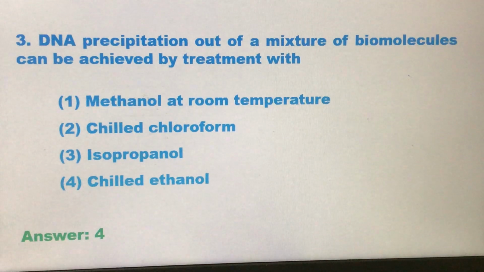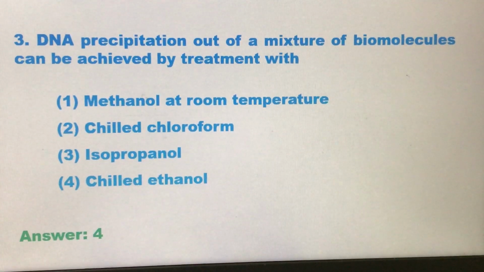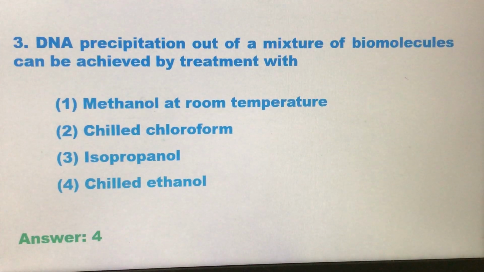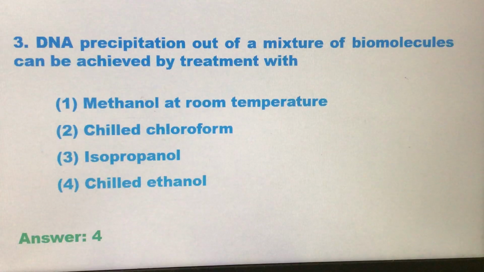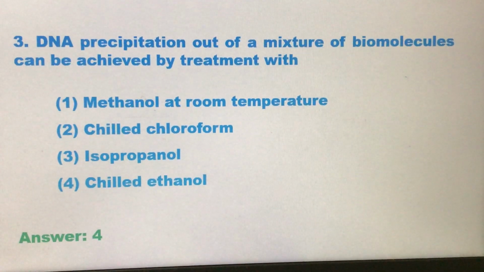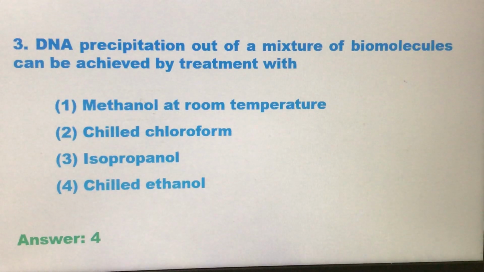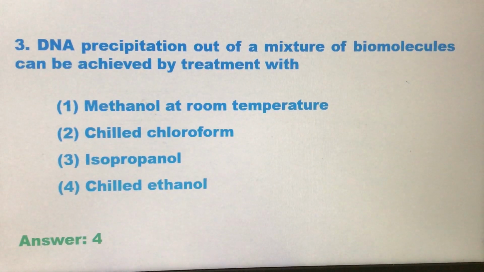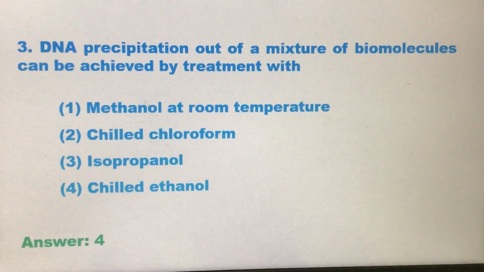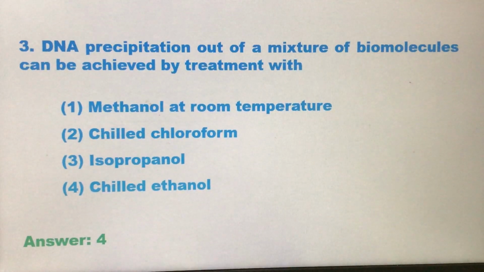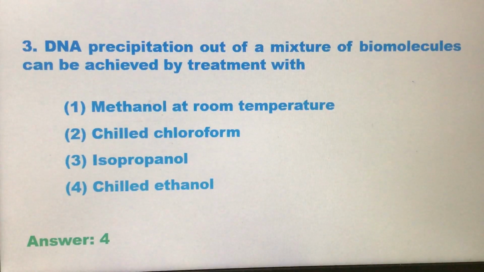To repeat it again, a less polar solvent is used, which is usually ethanol, and this ethanol prevents the hydration shell around the negatively charged phosphate group, allowing the negatively charged phosphate group and the positive sodium ion present in the solution to get attracted and form an ionic bond, and the DNA gets precipitated out of the solution.